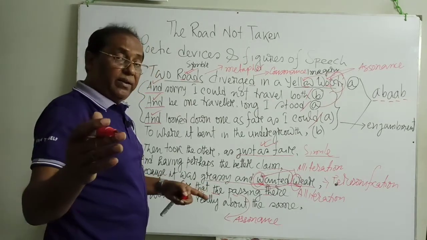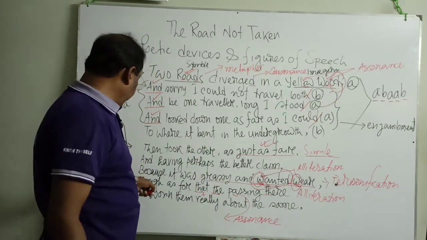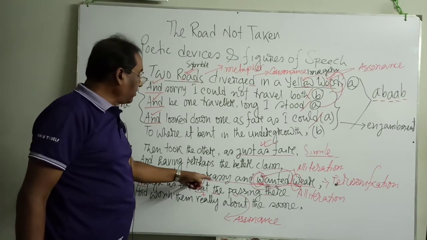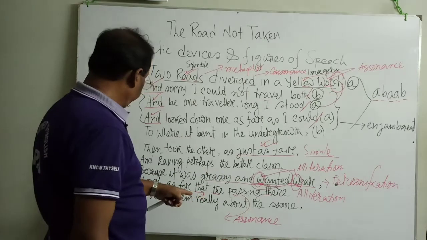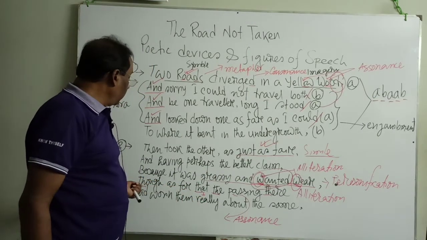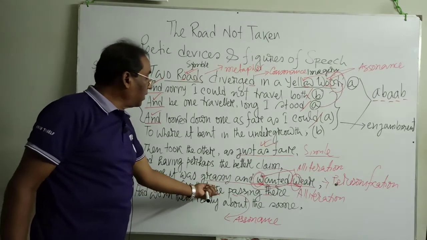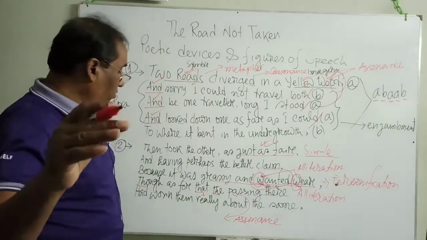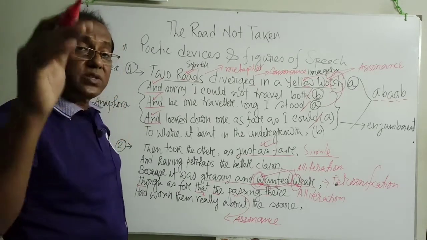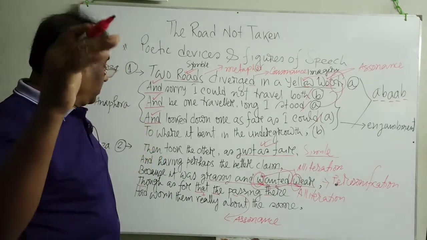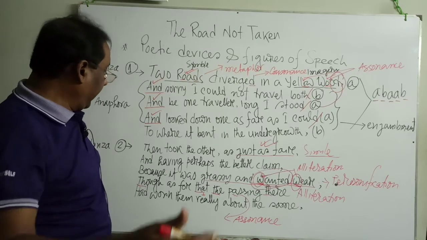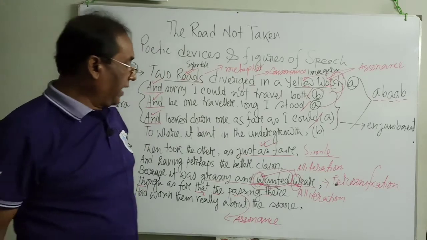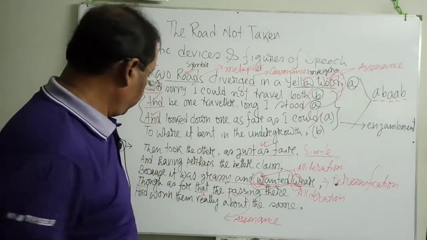We also find alliteration in the next sentence. Though as for that the passing there. Here the consonant sound th is repeated again and again in this line. So here occurs alliteration.